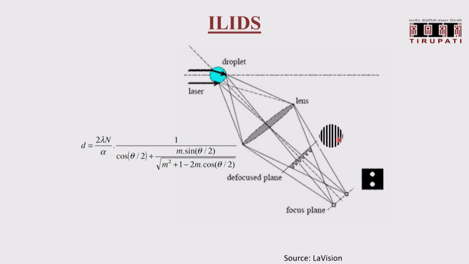Now you can ask whether I have to do it manually. No, there are image processing methods: you can identify the area, count the number of fringes, and from that get the size of the drop. For that you need to know the refractive index of the particle. For an individual drop it is really easy, because I know the fringes came from that drop.